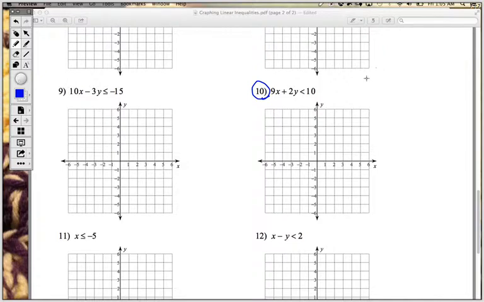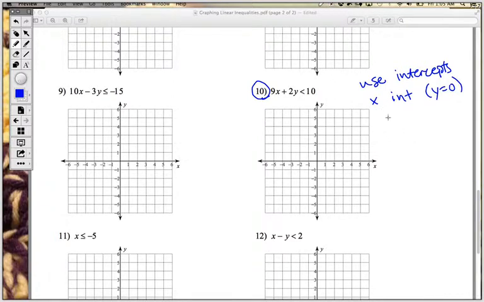So the first idea is it's not already in slope-intercept form, so I'm going to just use intercepts. There's other ways you can do this, but I'm going to use the intercepts, x and y-intercept. So if I'm looking at the x-intercept, that means that y equals 0. The other variable is going to be 0 when you're on an intercept.